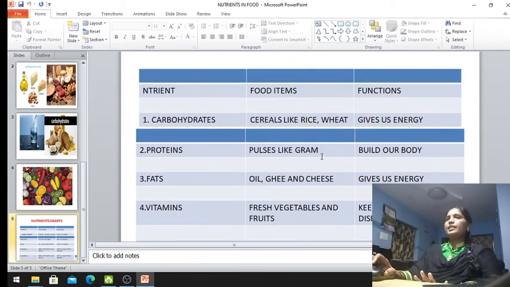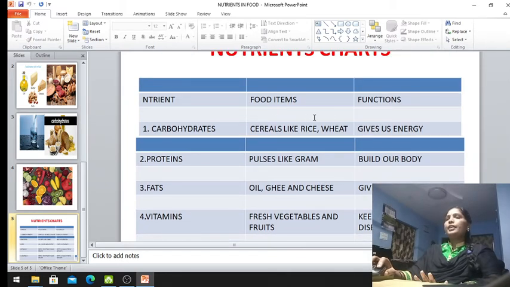Now we will see in which food items these nutrients are present. Just now we discussed with the pictures you had seen, and you also did an activity. You understood what type of nutrients you are taking. You are able to sort your food into different nutrients, so you know what type of nutrients you took in today's diet.